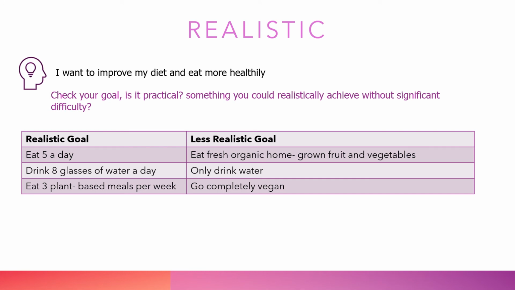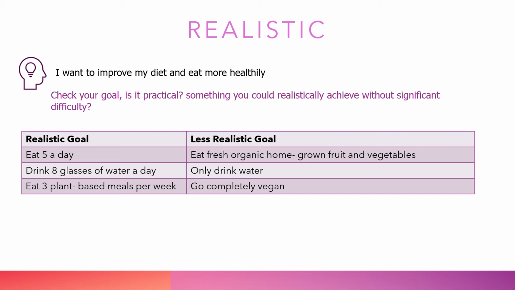We've got our eat 5 a day. Is that something that you could realistically do? And we're looking at everything around that. We're looking at things like the inconvenience of that. Do we live in a place where we have access to fruit and vegetables easily at a low cost? Factoring in the cost of that, is this something that it's practical for us to do? How are we able to do this?